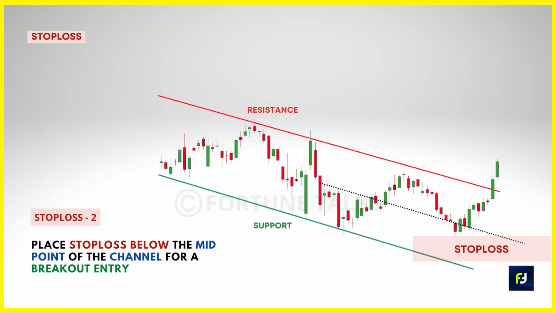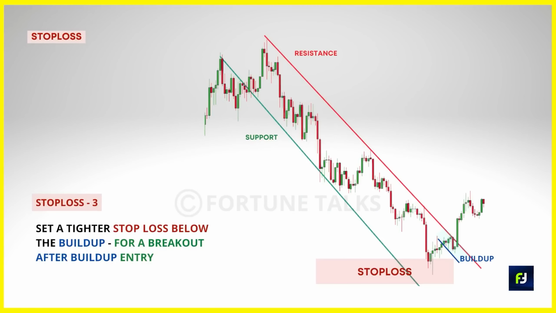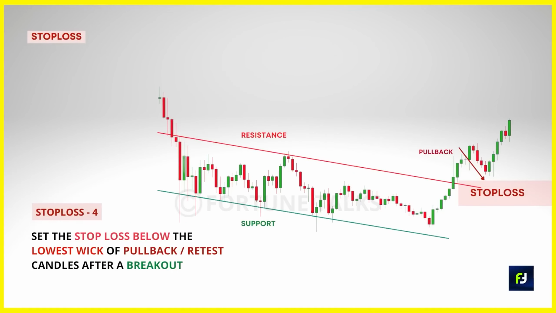So for a breakout entry, you can place the stop loss just below the midpoint of the channel from where the breakout happened. But in case you have taken a long entry after a build-up near the resistance trend line, then you can keep your stop loss just below the build-up or consolidation. And finally, if you have taken a position after a pullback or retest, you can set your stop loss below the lowest wick of pullback or retest candles with some buffer for ample price movement.